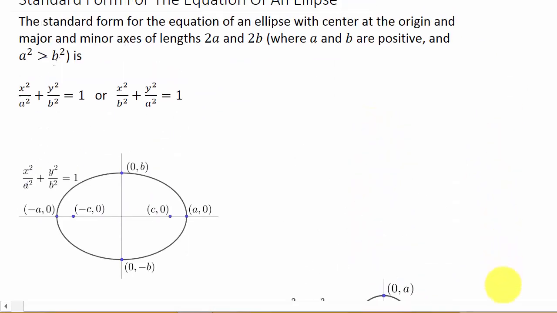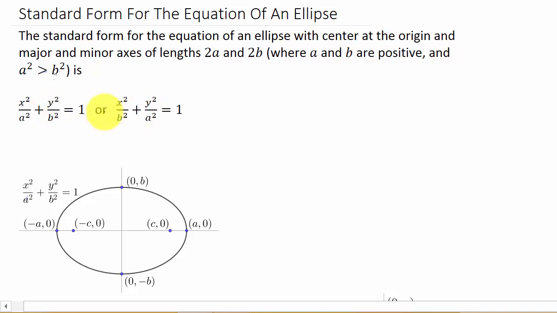Now notice that this form here is with the center at the origin. It's where the center is at (0, 0). Now, what we may come across is the center not being at the origin. If that's the case, it's going to look similar.